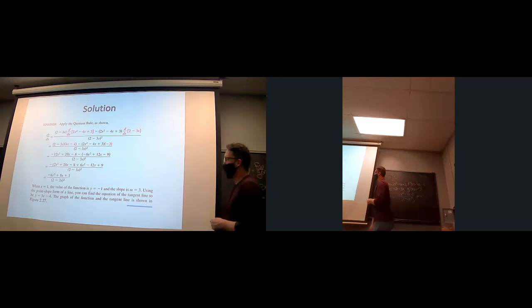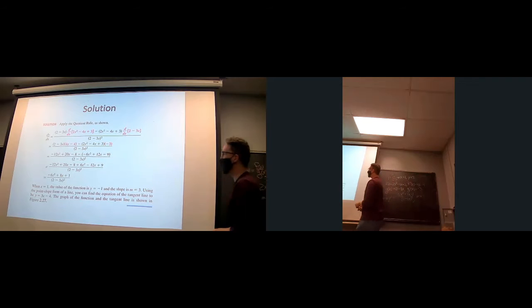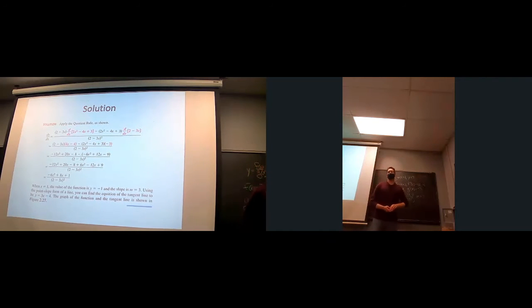Now, presumably, we've already evaluated our original function at 1. All we're doing here is plugging x into our original equation and saying, what do we get when x is equal to 1?